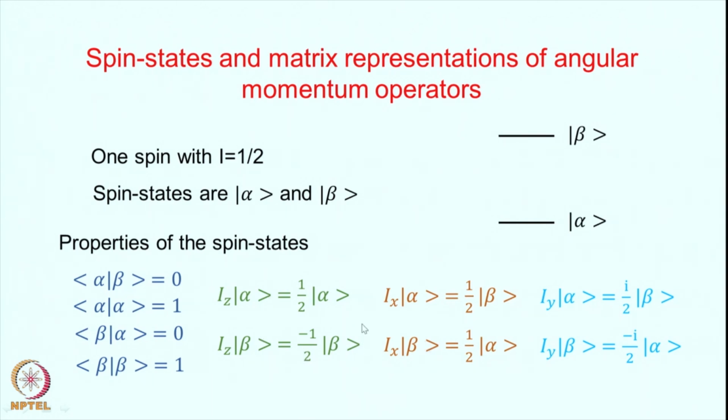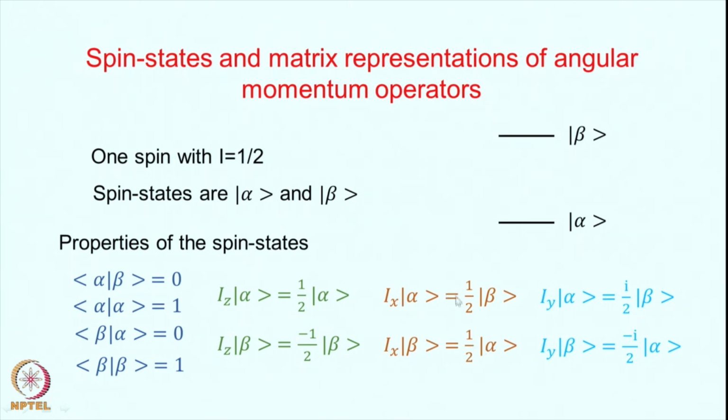Now, this Ix on alpha, we can take for granted, although it can be proved later. Ix alpha gives me half beta, and Ix beta gives me half alpha. Notice that the Ix operator converts the alpha state into the beta state, and the beta state into the alpha state.